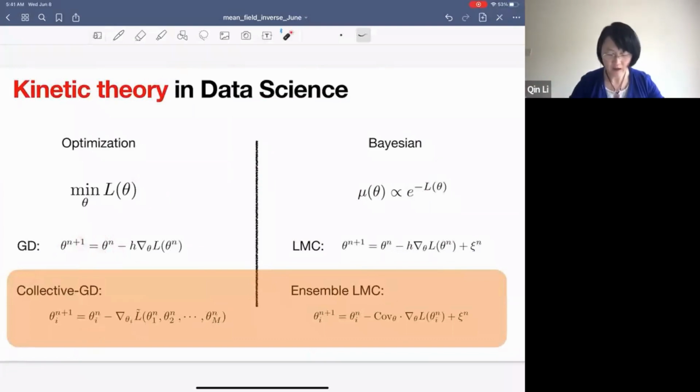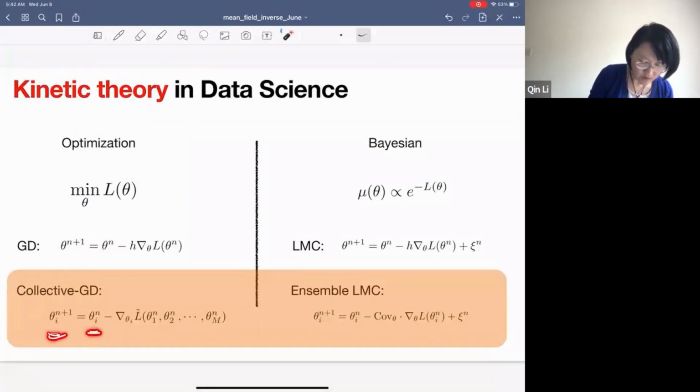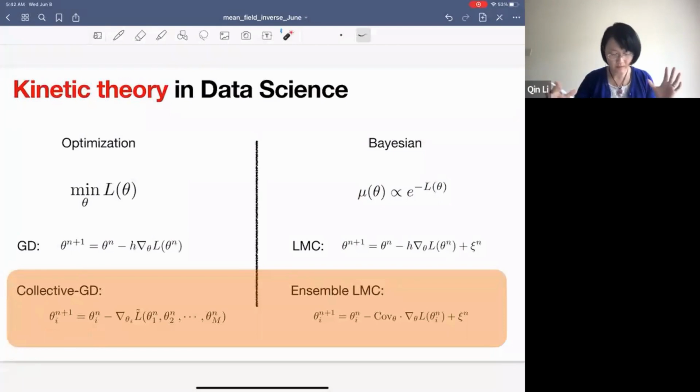A lot of us enter into finding the minimum point all together. So theta_i is one particle, and i changes from one to, let's say, capital M. There are a lot of particles, they interact with each other, and all of them explore the same landscape of the loss function. That's a collective optimization strategy.